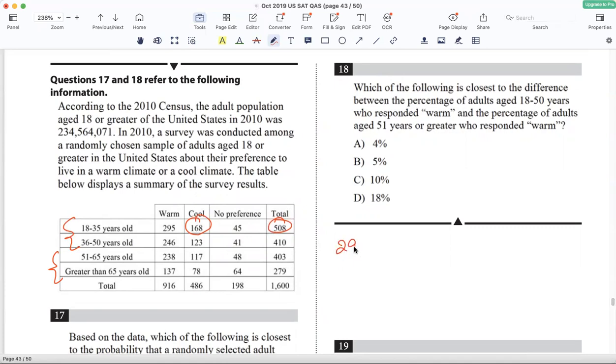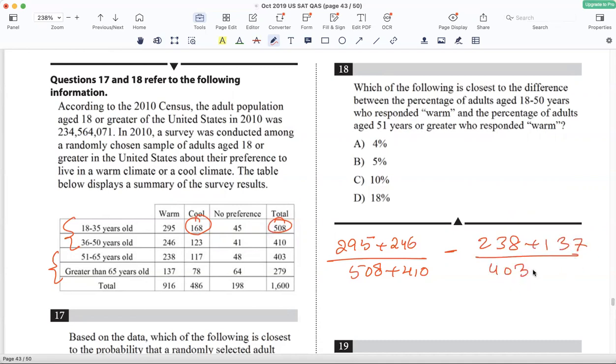It was 295 plus 246 out of 508 plus 410. And this difference from 51 and above, so 238 plus 137 divided by 403 plus 279. So this is what we need to find. So let's plug this in.